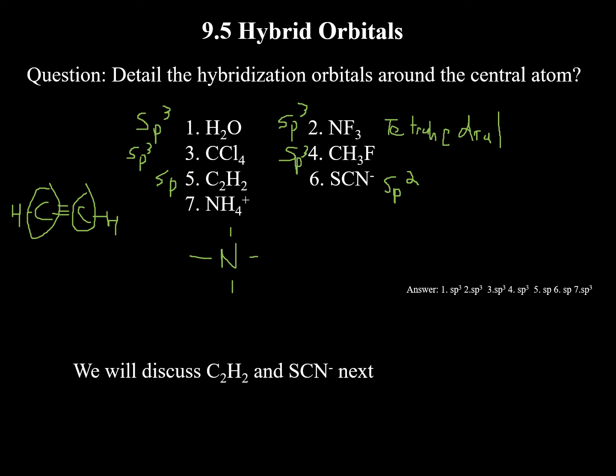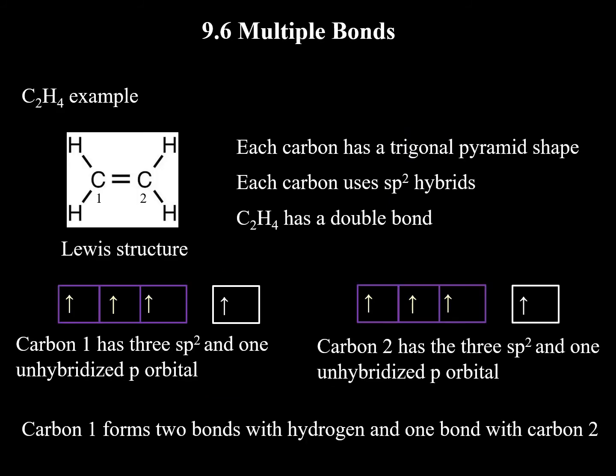So this would be an sp3. We're going to talk a little bit in more detail about the C2H6 and the SCN- in terms of its hybridization, double bonds and triple bonds, but that'll come up in a few slides. Well, we'll just go to the next slide about double bonds and triple bonds.